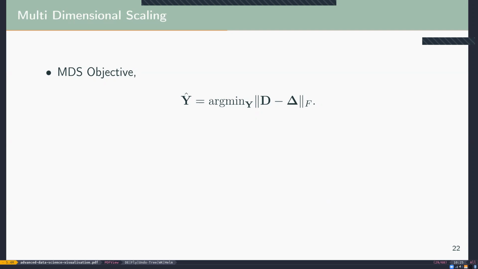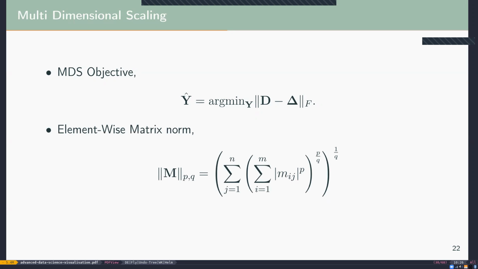You take each element of the matrix to the power p, sum all of them, and take 1 over p. The Frobenius norm is the one where p is 2: you square each element of the matrix, sum them up, and take the square root. We have these 2 matrices, one we've been given and the other we want to find, such that it matches as best as possible.